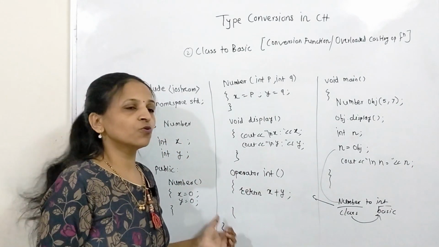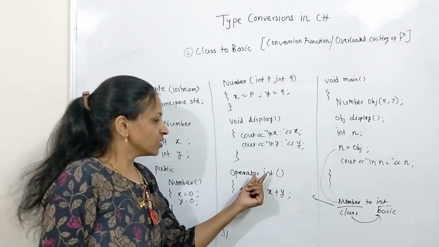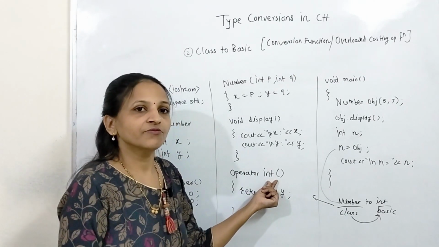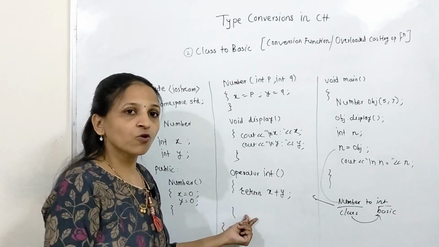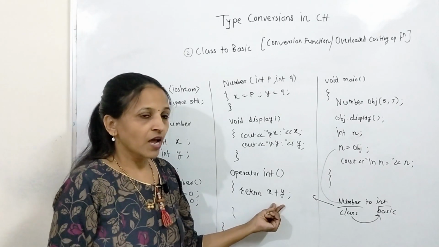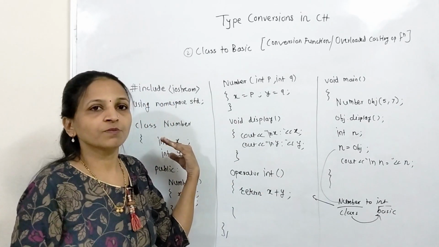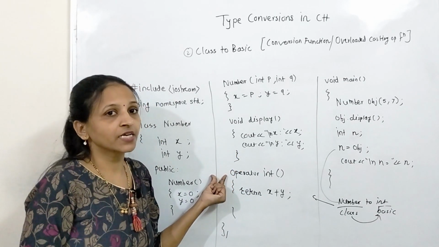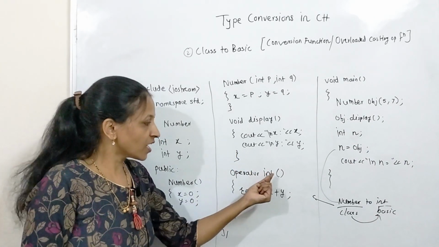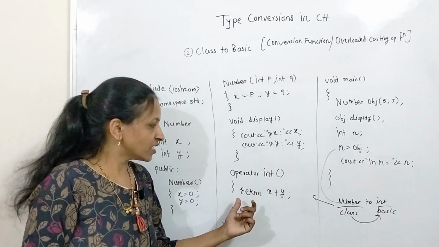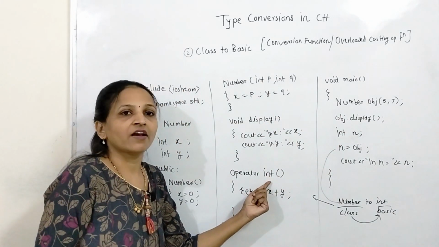Then we can write simple code like this. Whenever operator int, that is a type conversion function, is called, the calling object's x and y will be added and that value will be returned from this function. Always keep in mind, here we are not writing any return type. Again we are not passing anything, that object will be passed implicitly. And the return data type is nothing but this one.